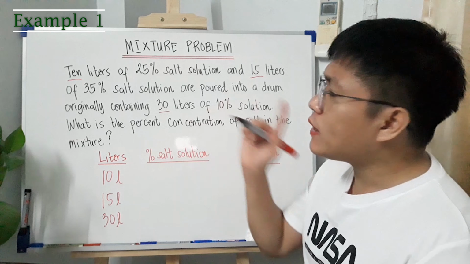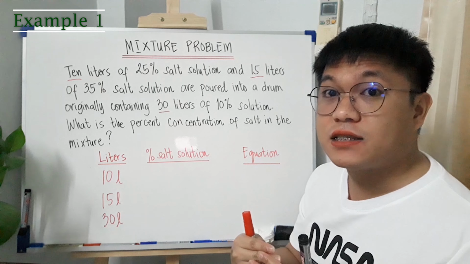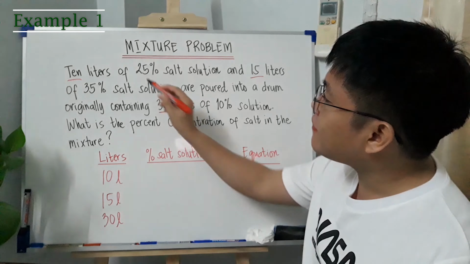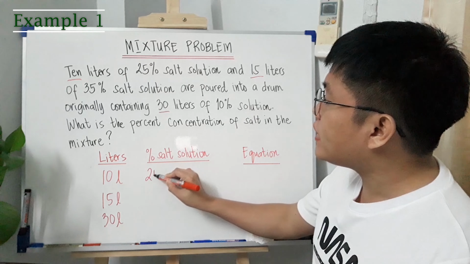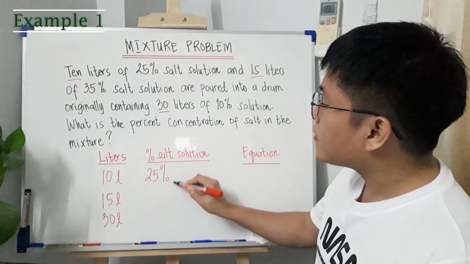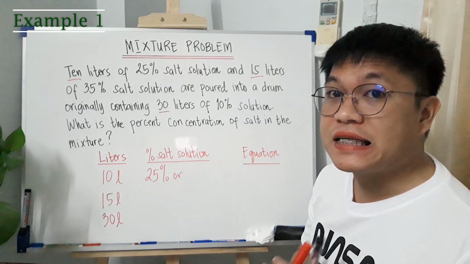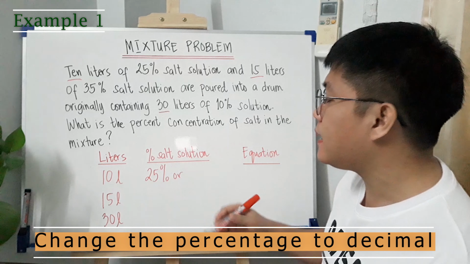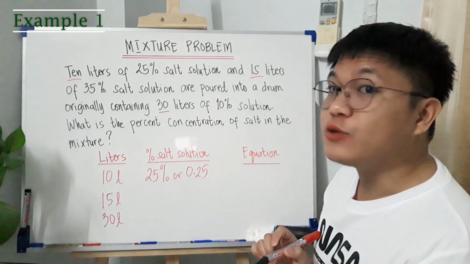Okay. According to the problem, each liter contains a percent of solution. So in 10 liters, there is 25% of salt solution. So we are going to write here 25%, or we can write the 25% as a decimal because we are going to use that decimal later. So that is equal to 25 hundredths.